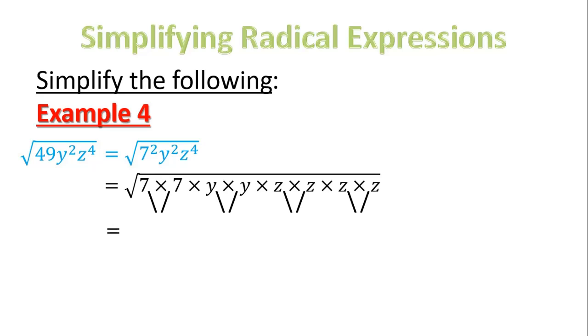That now equals our 7 multiplied by our group of y's multiplied by our first group of z's multiplied by our second group of z's. That now equals 7 y and z times z is z squared. Again, if you'd like to pause and just have a look and see how it goes or how I did it, please feel free to.